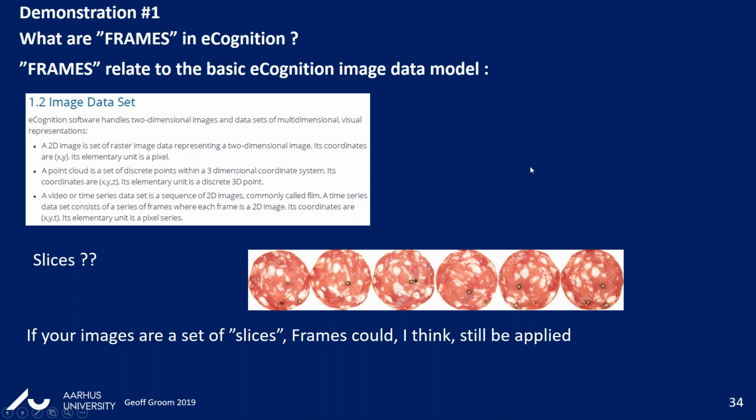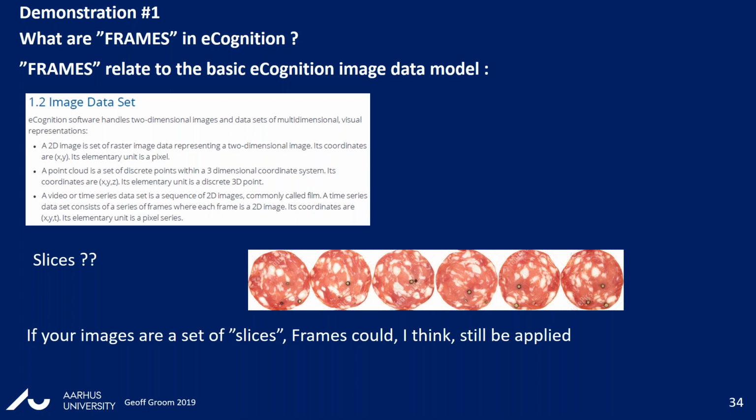Now, some of you who have been using eCognition for a few years may be aware that there has in the past been something referred to as slices in eCognition, and this dates back to when eCognition was a software for both environmental science and for life science, for medicine.